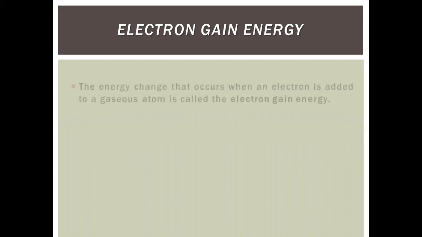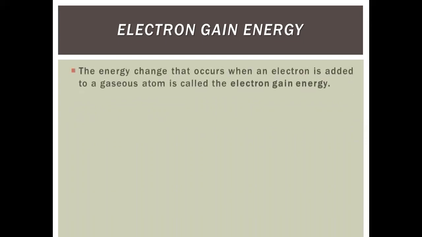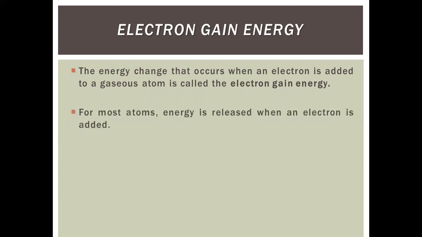I will repeat it: the energy change that occurs when an electron is added to the gaseous atom is called the electron gain energy. Actually, for most atoms, energy is released when an electron is added.